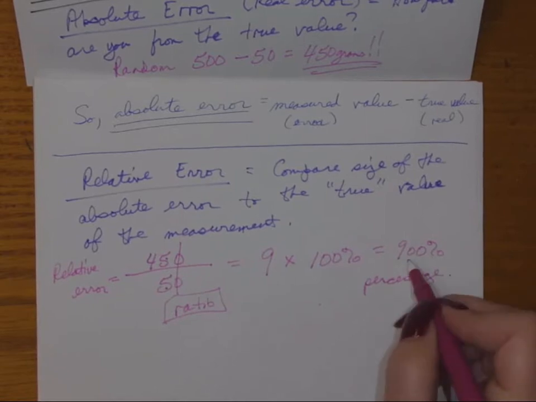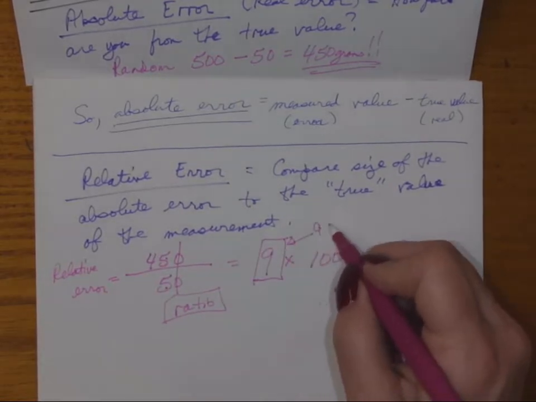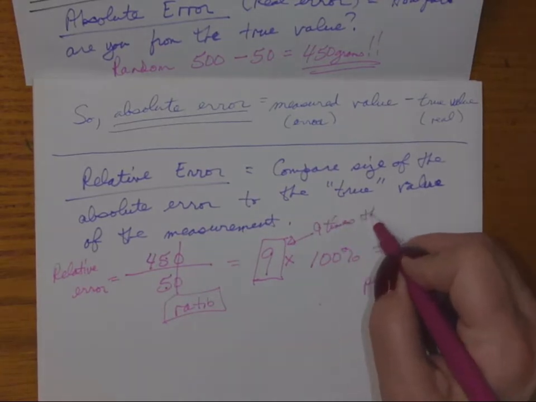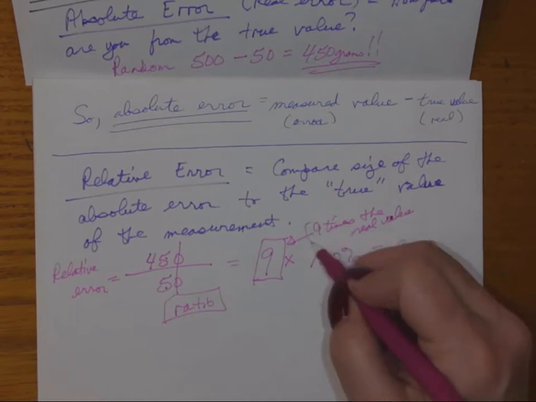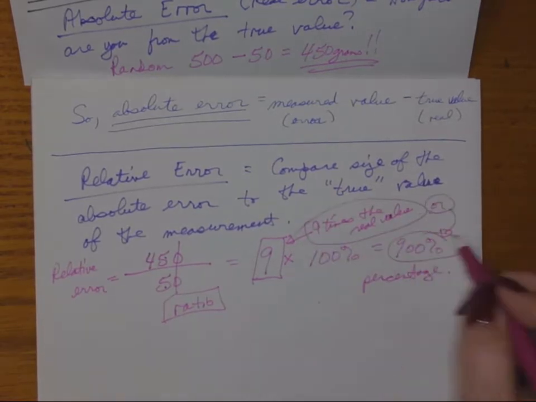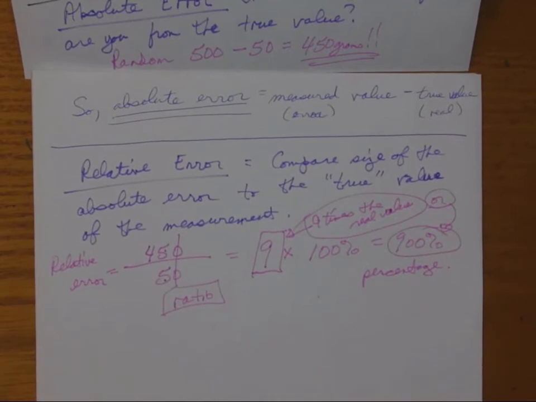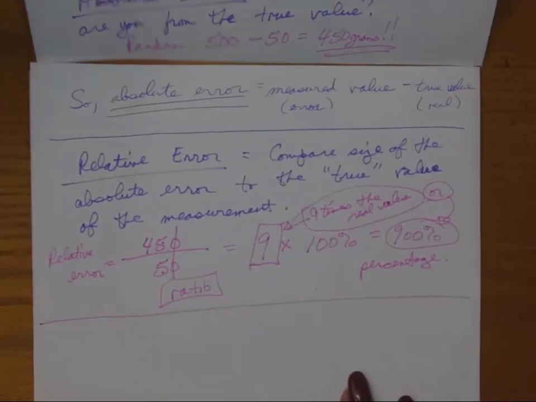That's the percentage that I'm off. So it's 9 times the real value in this case, or 900%. We're too big by 9 times or 900%, which is huge, right? Okay, so that's what we would do for that.